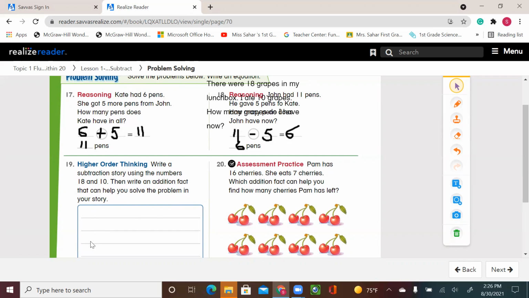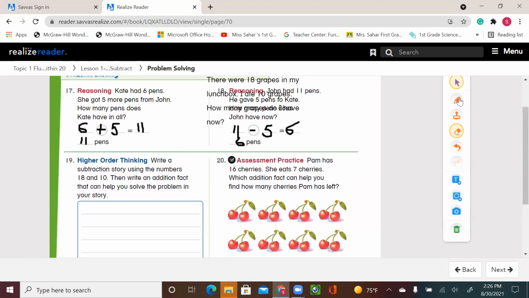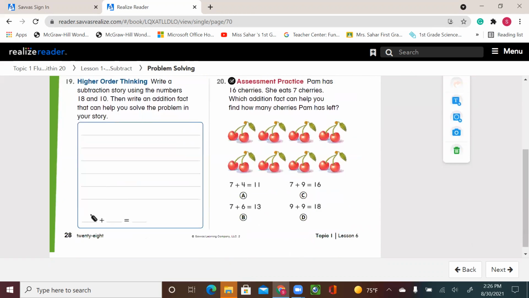Our math part will be, we say 18 and 10. So I'm going to write here 10 plus 8 equals 18, because I subtract 18 take away 10.